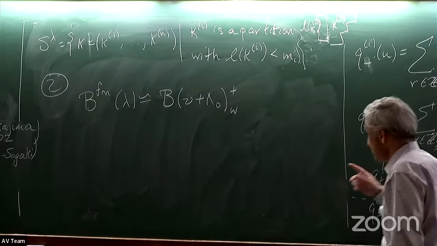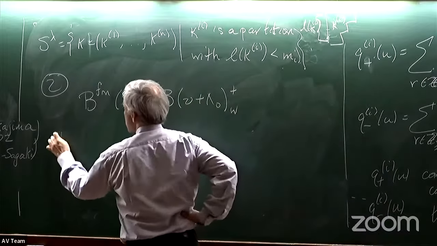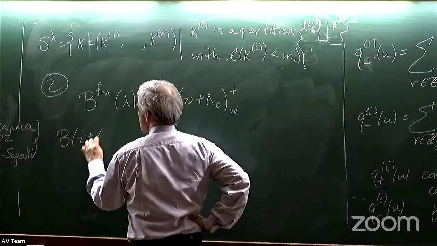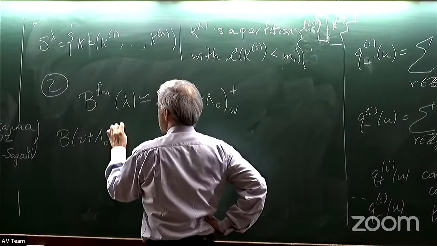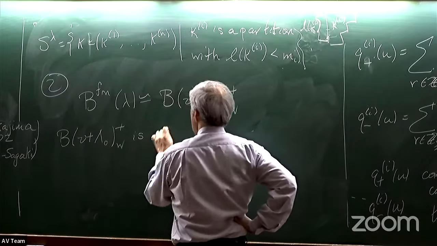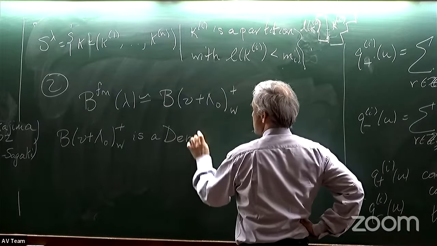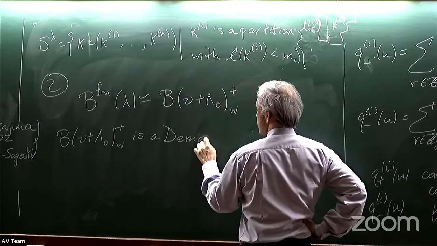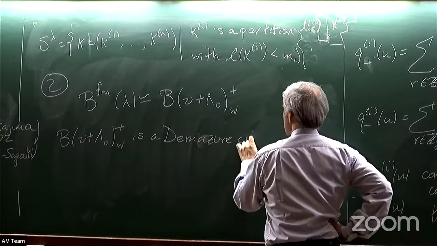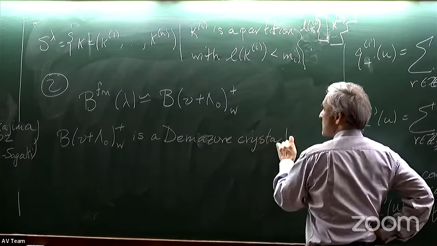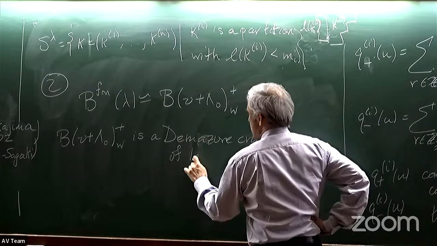All right, so what is this right-hand side? So B nu plus lambda 0 W plus is a Demazure crystal of level 1.